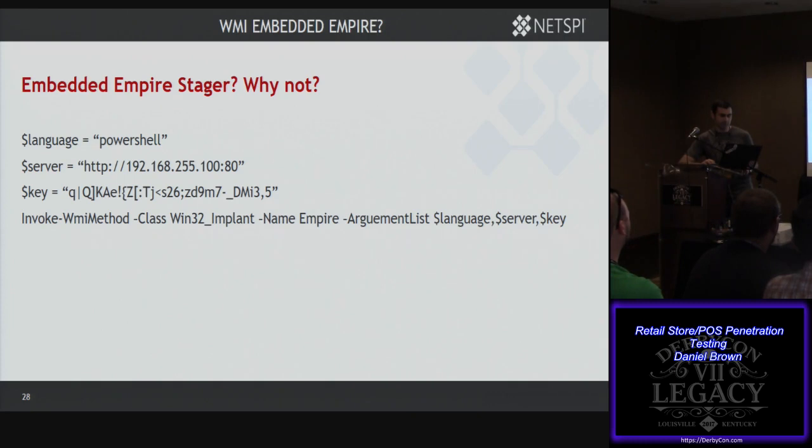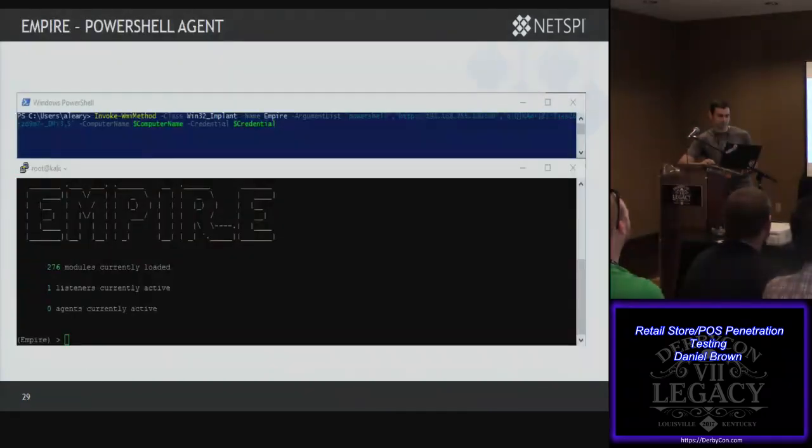So in this instance, we're going to take a PowerShell payload. We're going to specify the Empire payload as being a PowerShell payload, and we're going to specify the server and the staging key. So just going to execute this, and we'll see the callback occur on the Empire server.